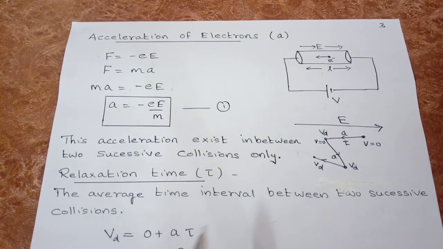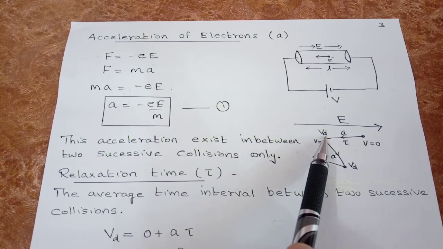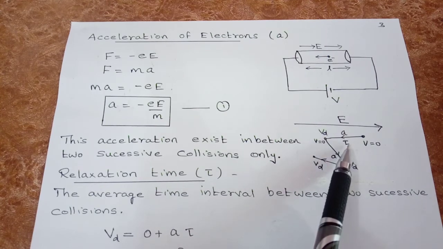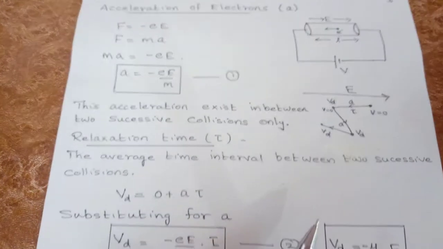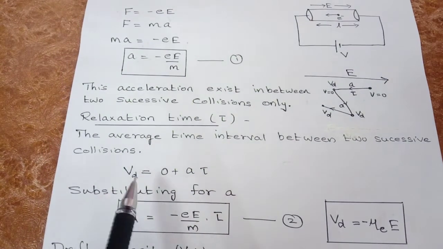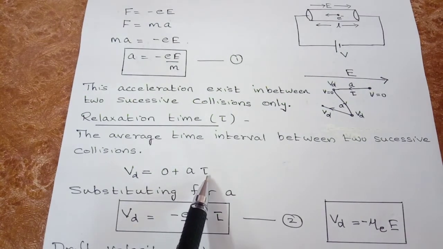Now let us apply this: initial velocity 0, final velocity Vd, acceleration a, and the time taken tau in the first equation of motion. We all know the first equation of motion: final velocity is equal to initial velocity plus acceleration into time taken.